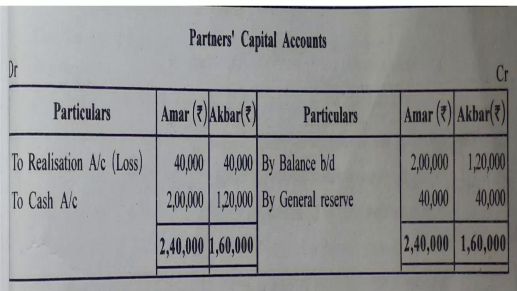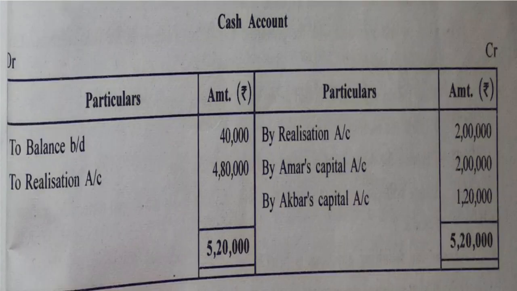So if you are writing in partner's capital accounts to cash, then in the cash account we are going to write Amar's capital account, Akbar's capital account with the respective amount. This just shows how much amount is paid to partners.